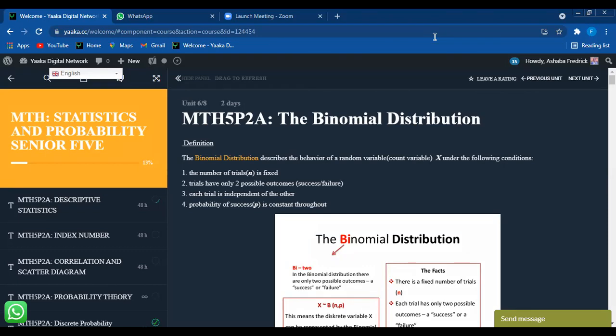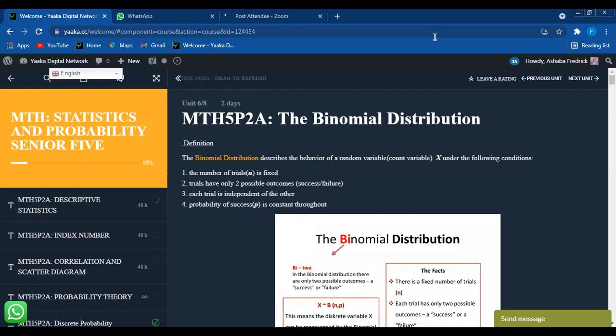When we perform a binomial experiment, there is a number of repeated trials, abbreviated as n. Then trials have only two possible outcomes, so we can either expect a success or a failure.